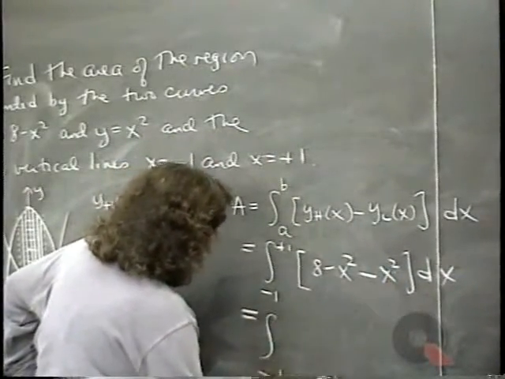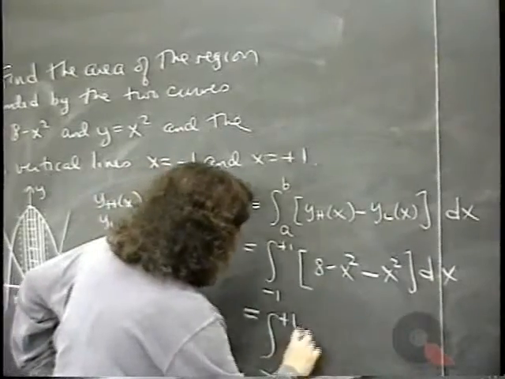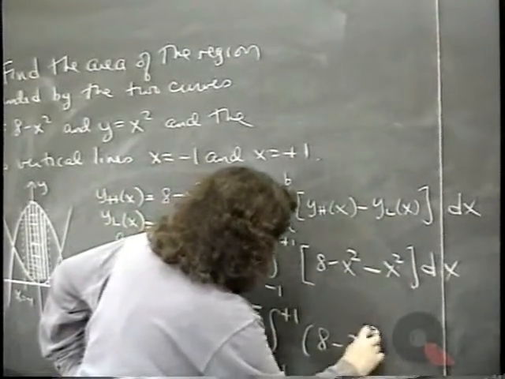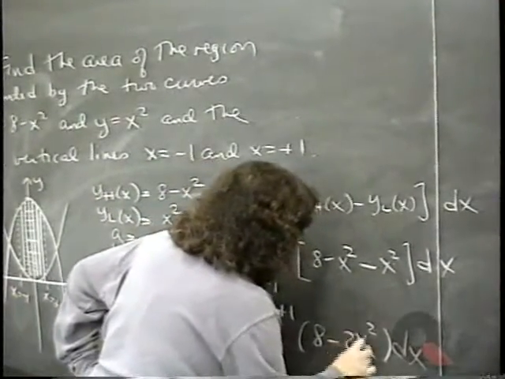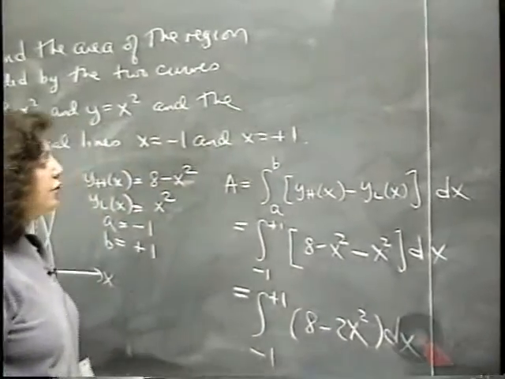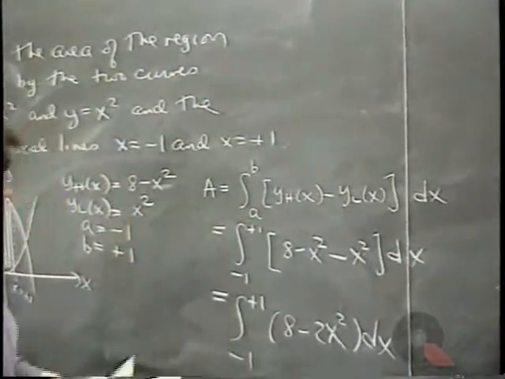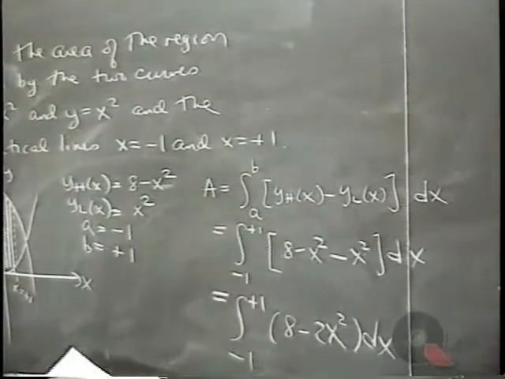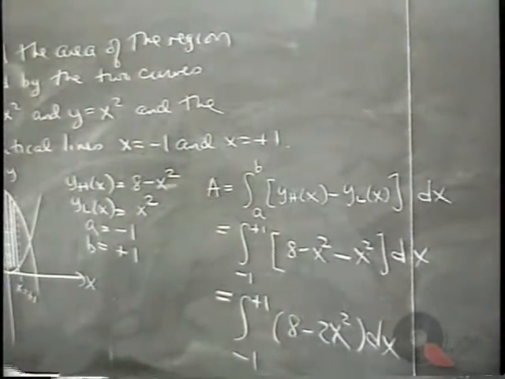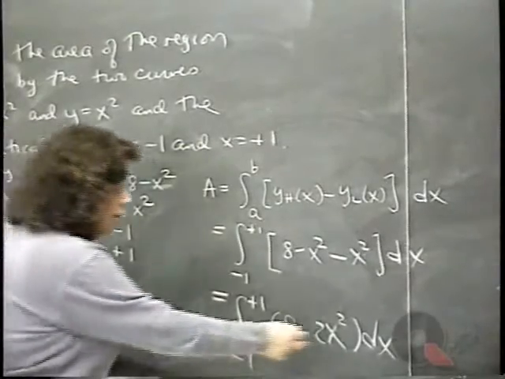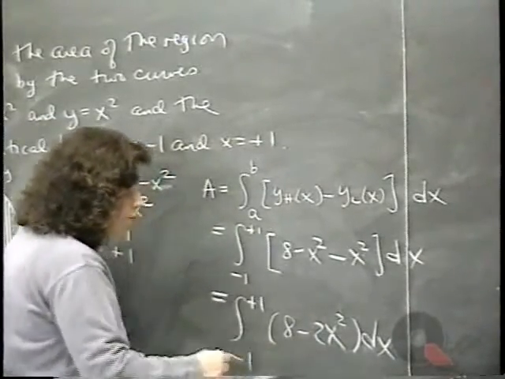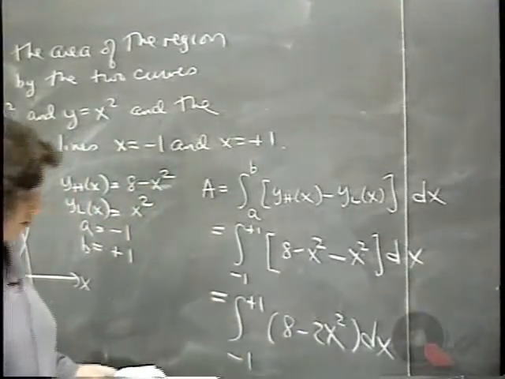The integral from -1 to +1 of 8 minus 2x squared dx. Now, there are two ways to finish off this problem. One is to use the fundamental theorem of calculus, which requires you to anti-differentiate this function and to evaluate it between the limits of integration.